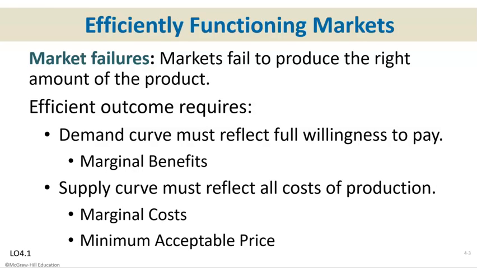And the supply curve actually shows us the willingness to sell of the sellers, and this is equal to the marginal costs. The book calls this their minimum acceptable price, the minimum price where they would be willing to sell the product.